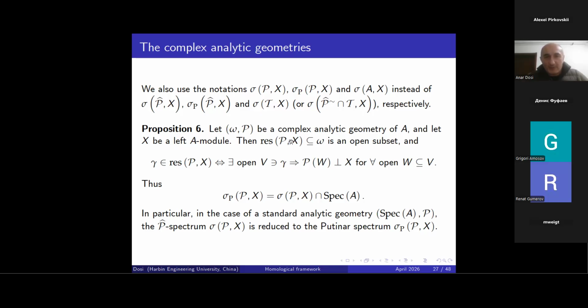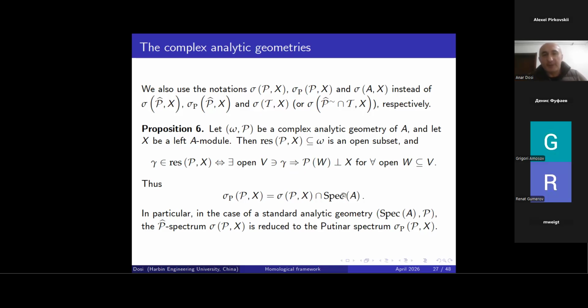We know omega is the topological space containing spec of A. So this resolvent set, an open subset, consists of points gamma. But be careful here, the point gamma means a point from omega, which we don't know what it is. Anyway, there exists a neighborhood such that this property holds for every open subset. This is just a translation of whatever I told you about categories in this particular case. Okay, this is a resolvent set.